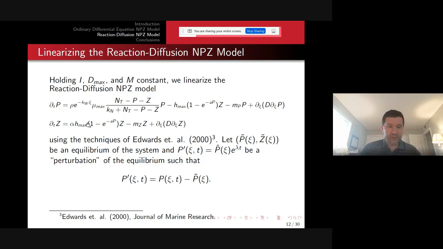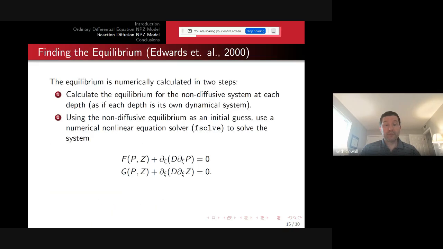And then we end up with a vector of ODE equilibria. And once we have that, it's a pretty crude estimate for the equilibrium for the reaction-diffusion system, but it's usually good enough as an initial guess for a nonlinear equation solver.